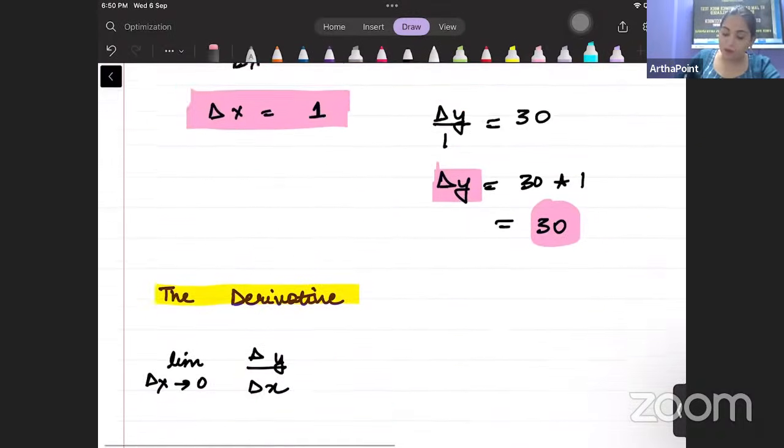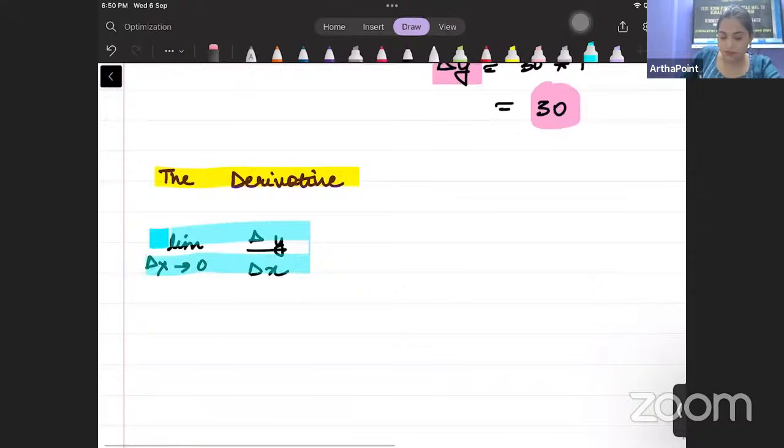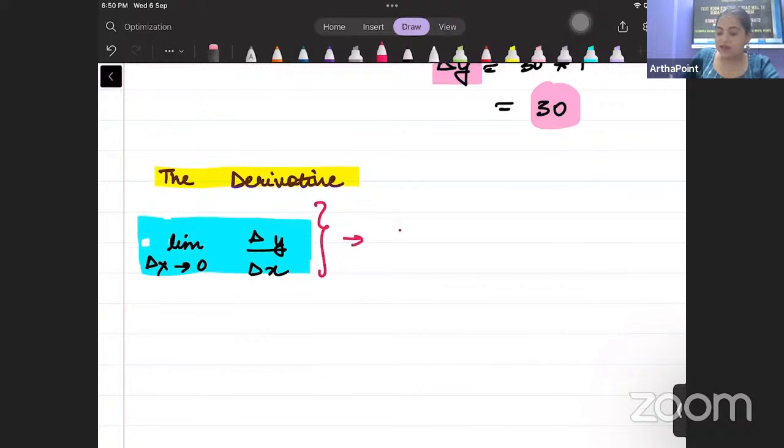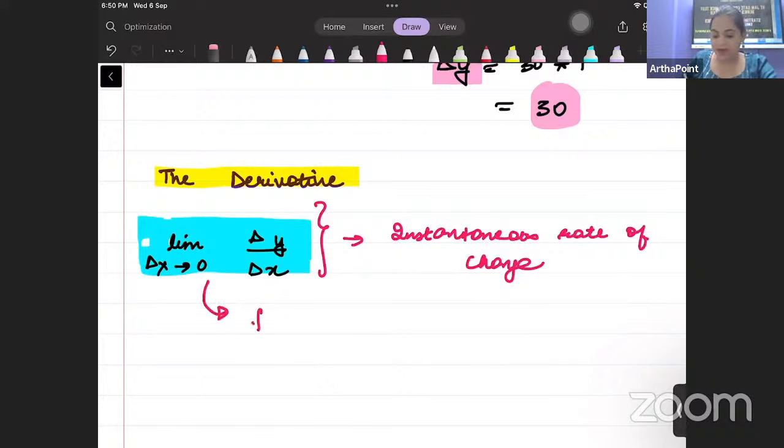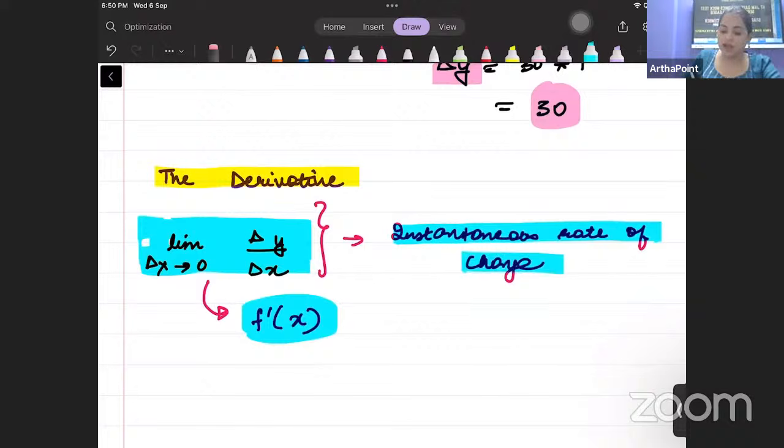Similarly, when we put limit x tends to 0, the answer that we get is called, beta, instantaneous rate of change. और इसी को हम f dash x भी बोलते हैं. जो हम differentiation करते हैं वो कुछ नहीं है but that is my instantaneous rate of change, and I can write that as change in y by change in x, but I will put that change in x to 0.